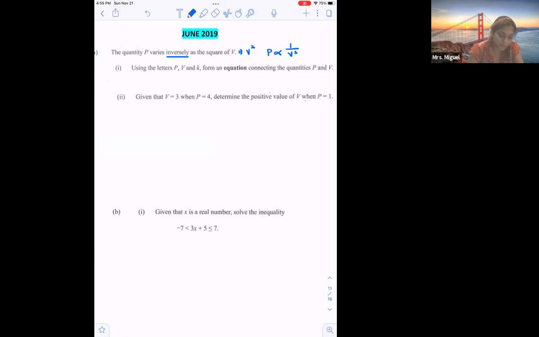In mathematics, we have to change this sign to an equal sign. When we do that, we have to introduce a constant K. So this becomes K multiplied by 1/V squared.